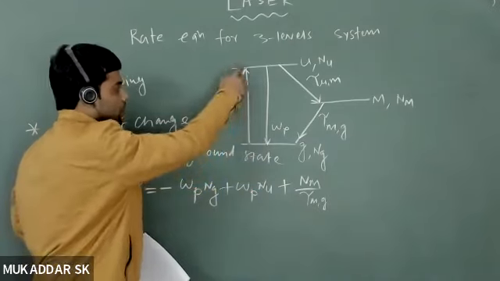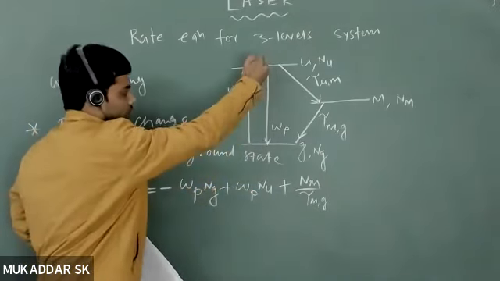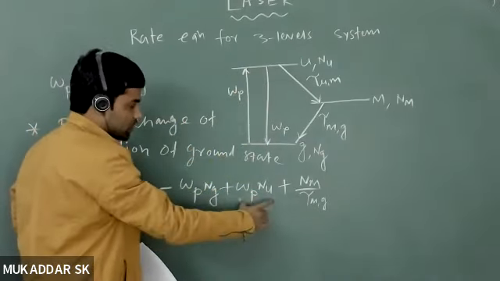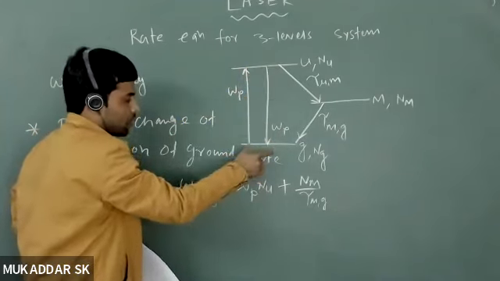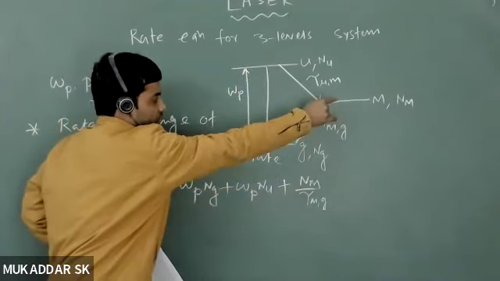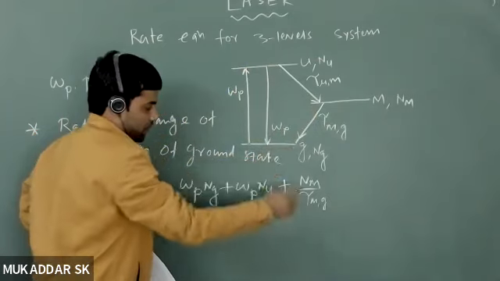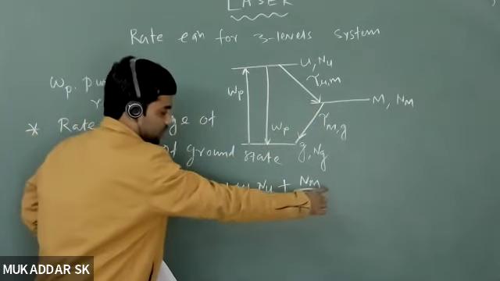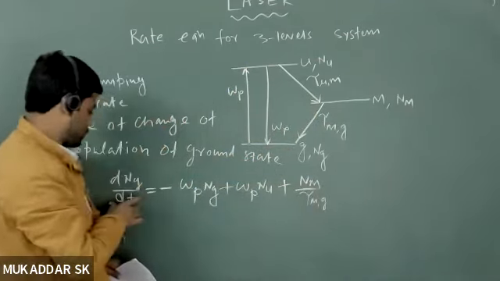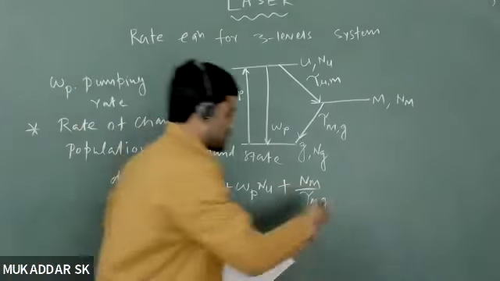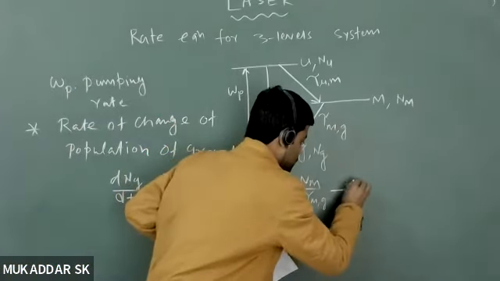So this represents the total rate of change of population of the ground state. This pumping will decrease that population. This jumping from upper to ground will increase it. Also, the decay from metastable to ground state, at this rate, will increase the population of the ground state.